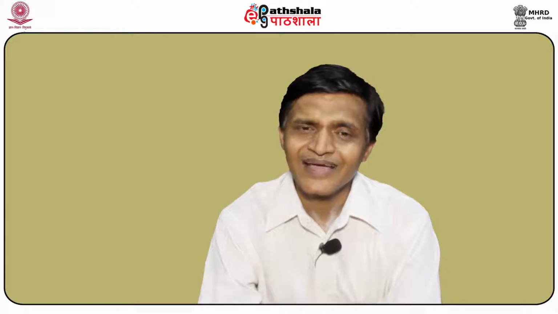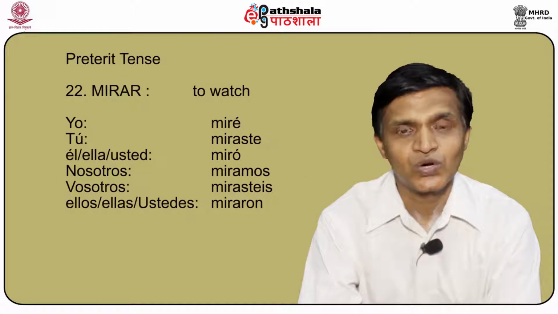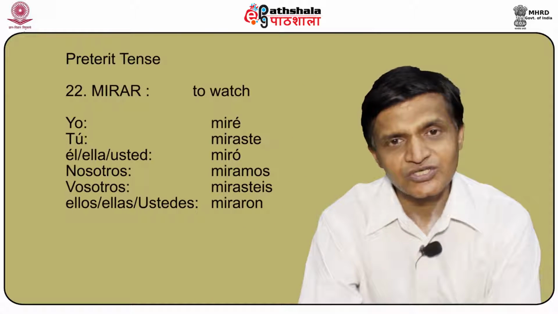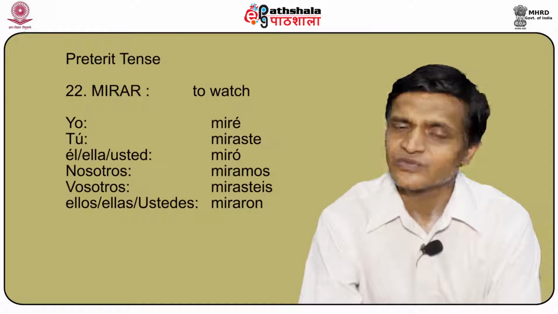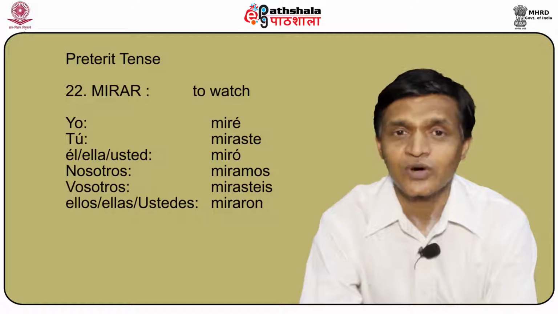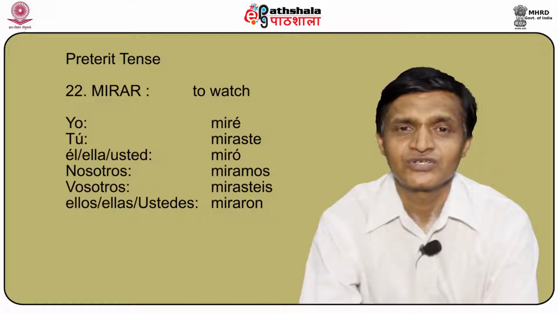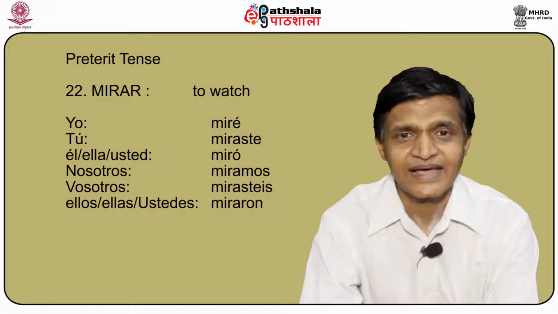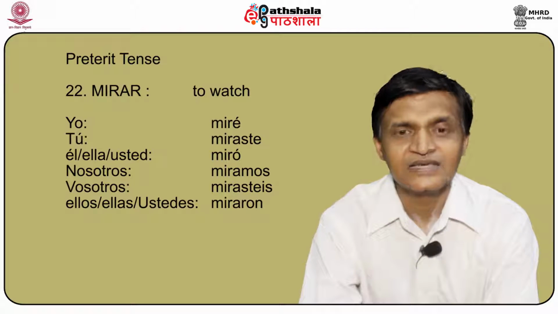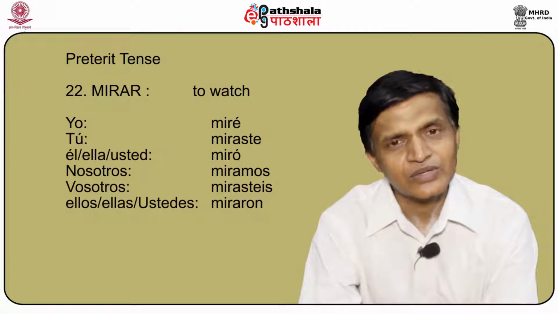Again, another AR ending verb which is very important in Spanish is mirar, to watch. So how do we do the conjugation of mirar in the preterite? We do it in the same way that all the AR ending verbs are conjugated, because mirar is also a regular verb in Spanish. So mirar, to watch, is conjugated as miré, miraste, miró, miramos, mirasteis, and miraron.